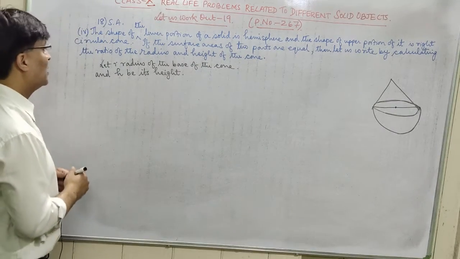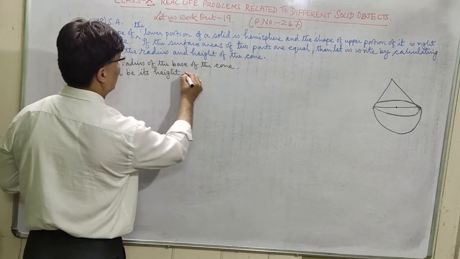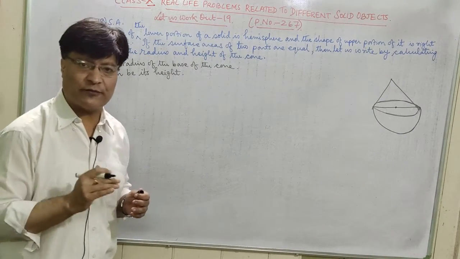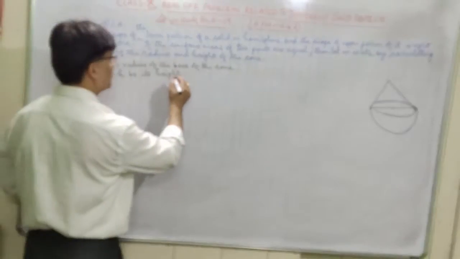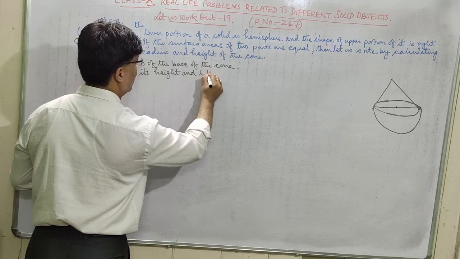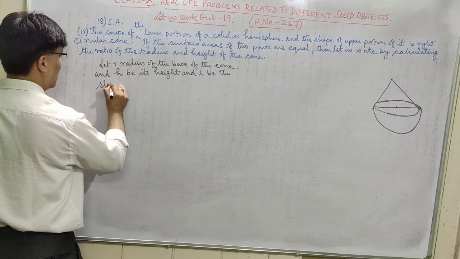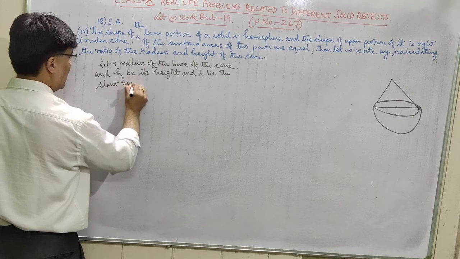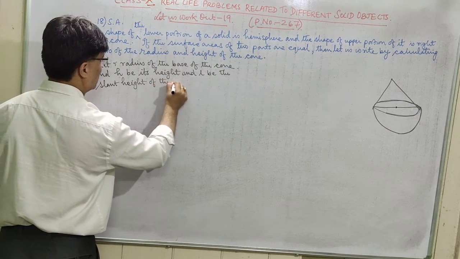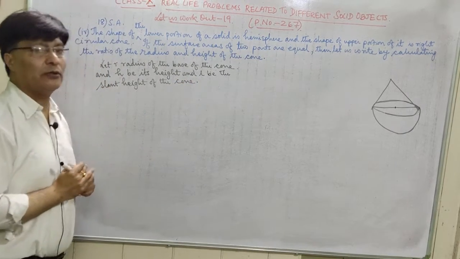Let R be the radius of the base of the cone and h be the height, and let us assume the slant height also, because in this case you have to find out the surface area of the cone. So let L be the slant height of the cone.